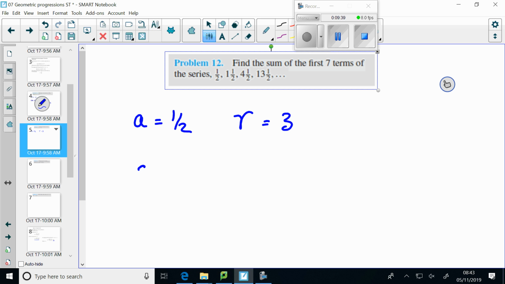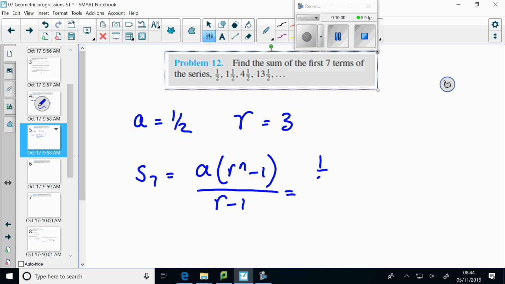So the sum of the first 7 terms is equal to a times r to the n minus 1 over r minus 1, which is a half times 3 to the 7th minus 1, all over 3 minus 1.